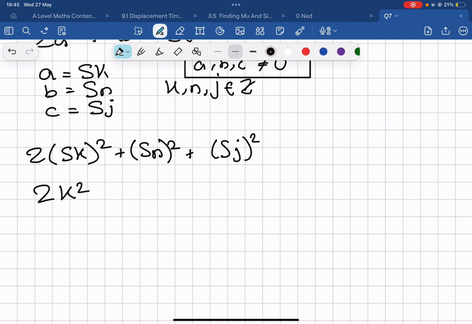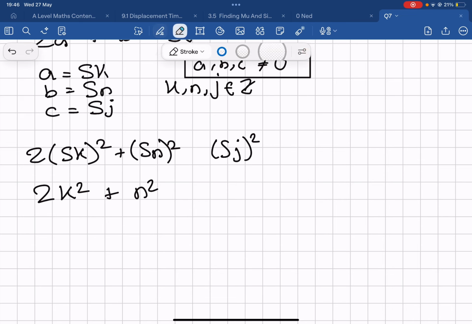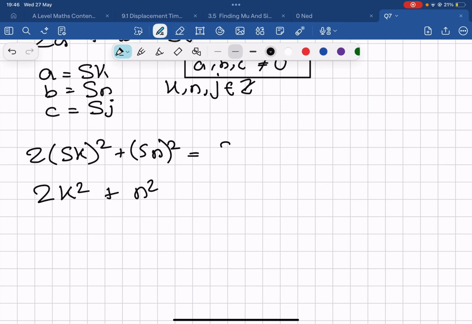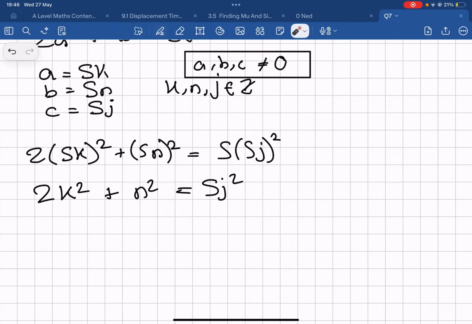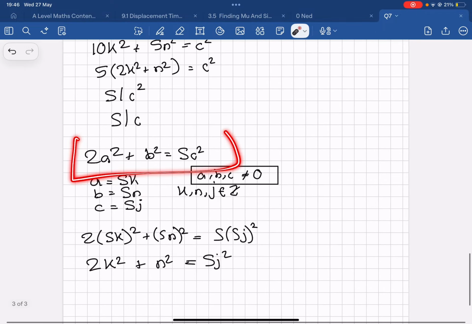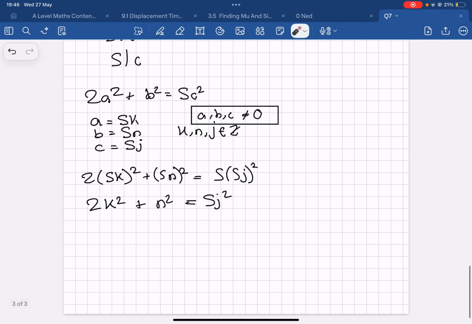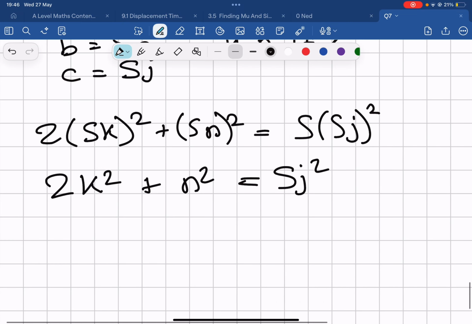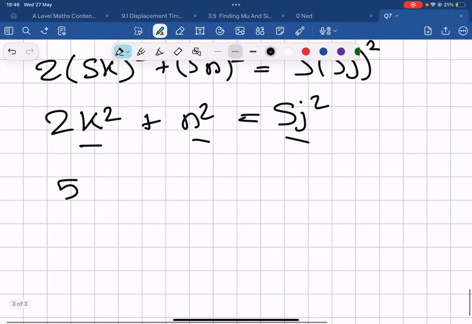So we have 2k squared plus n squared equals 5j squared. And look, we've got the same format as what we did here. So we can deduce that k and j, which are also integers, must also be divisible by 5.